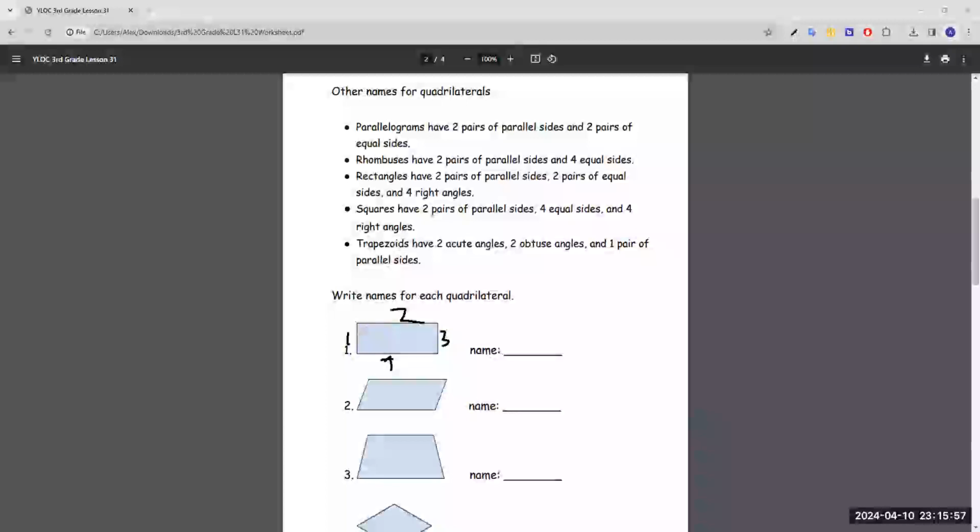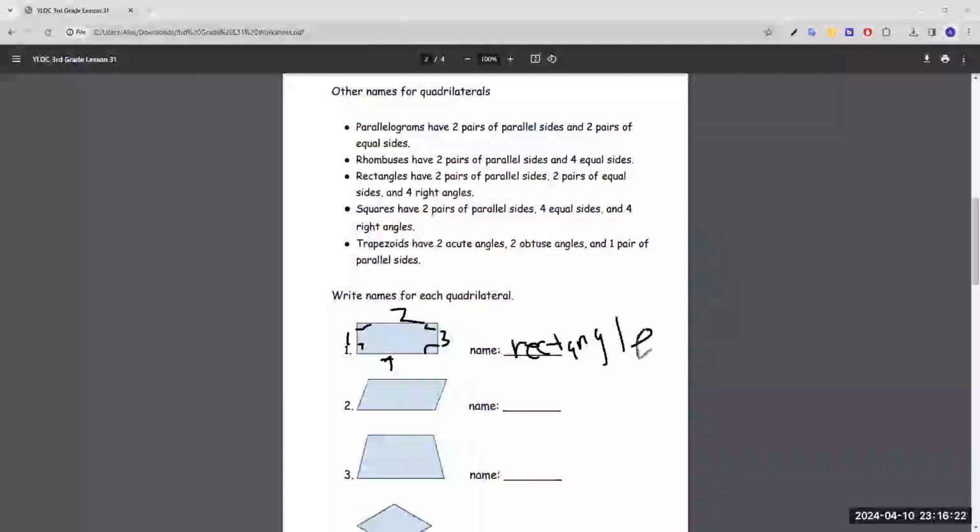There's also four angles, and there's four right angles and two pairs of parallel lines. Now, looking at our information, we can see here that this one matches up with it because all the things I just said fits with that category. So number one is a rectangle.